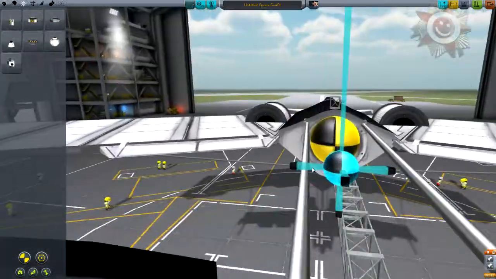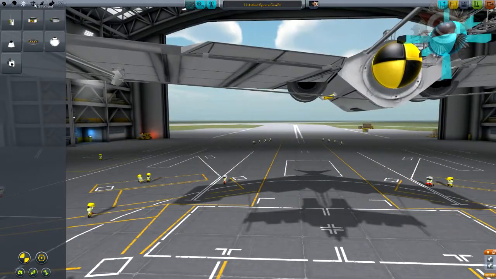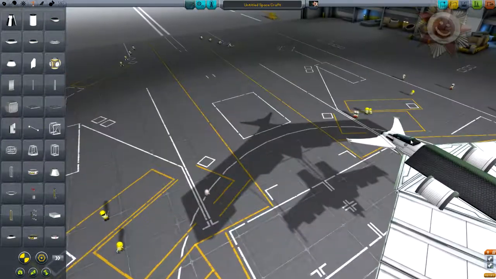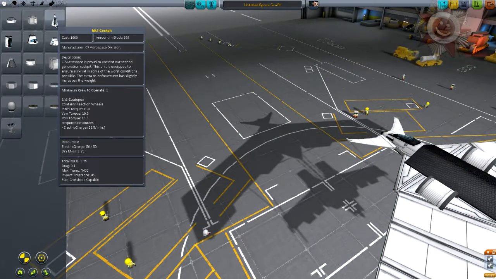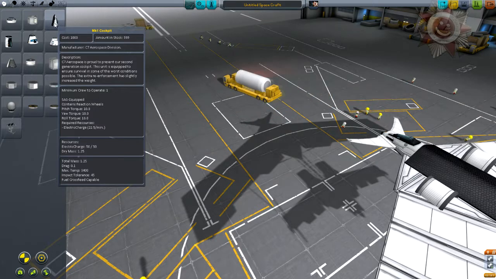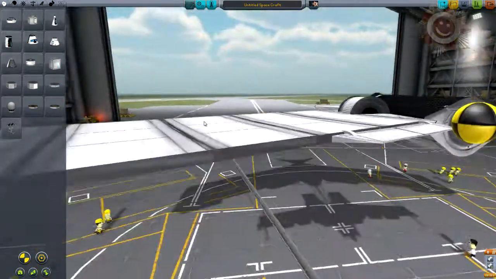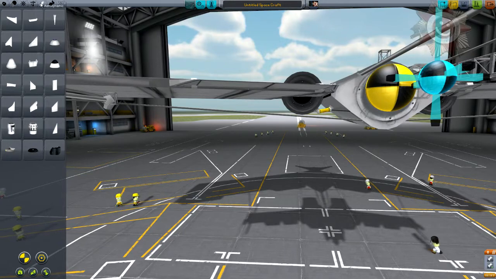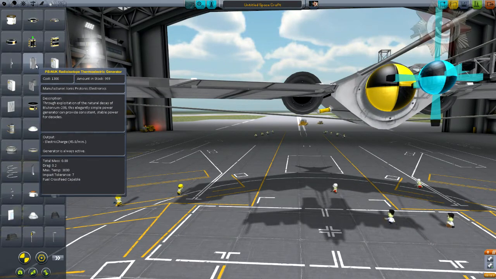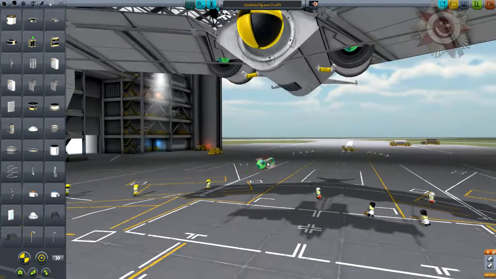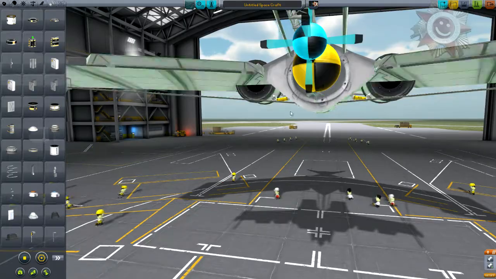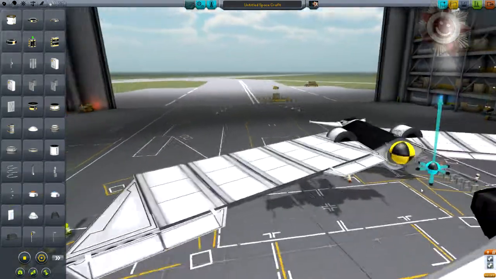One thing I almost forgot was that now the command pod or cockpit uses electricity, so we will put on this generator. It generates plenty of electricity. We need one.